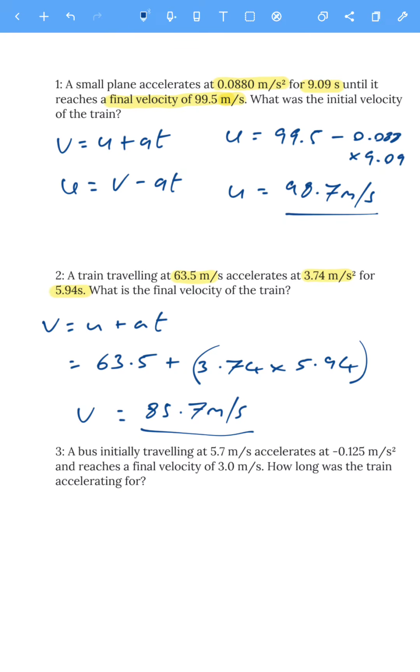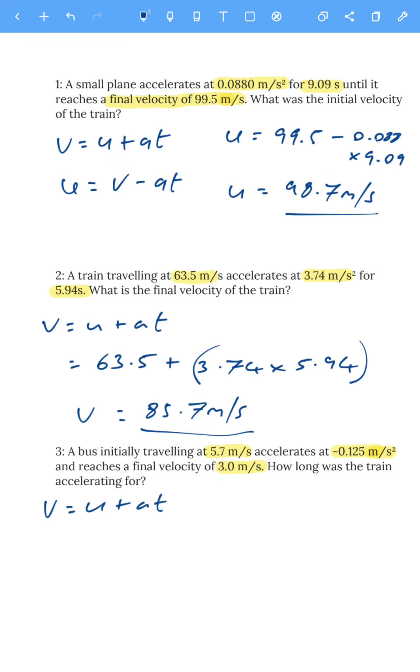Okay, next one. A bus initially travelling at 5.7 meters per second accelerates at minus 0.125 meters per second squared and reaches a final velocity of 3 meters per second. How long was the bus accelerating for? We need to be careful with this one because that acceleration is negative, so it's actually a deceleration. So V equals U plus AT.